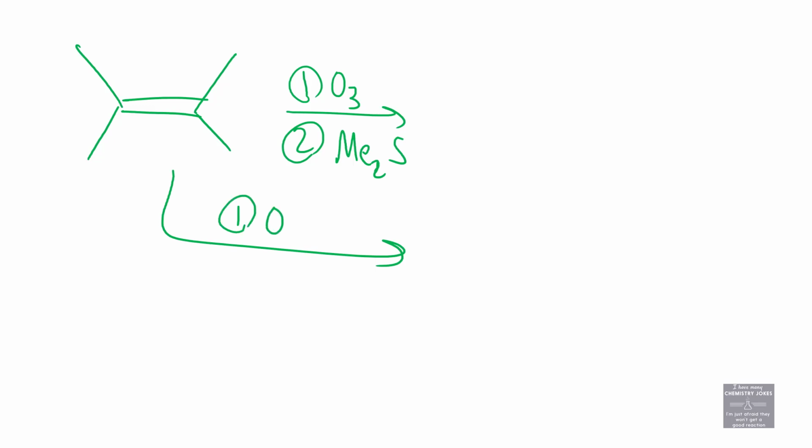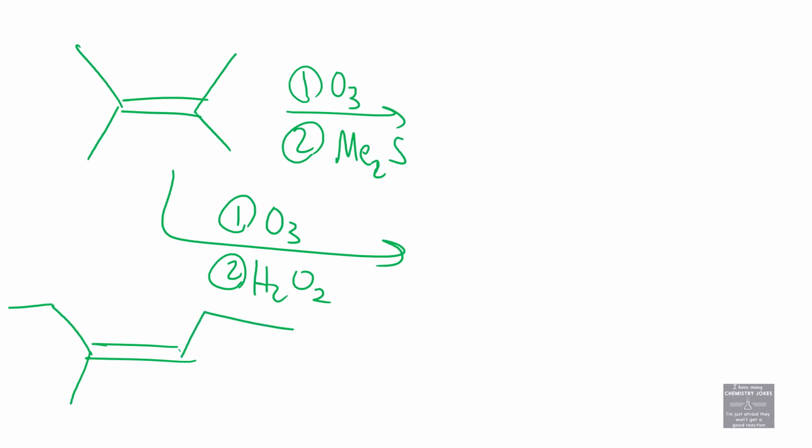Let's do one with reductive workup and one with oxidative workup, on this bottom one. We're going to write an RW for reductive workup, and an OW for oxidative workup.